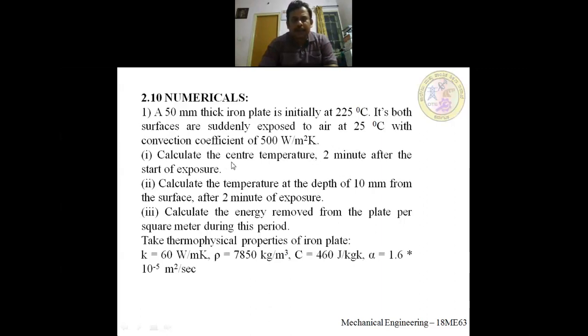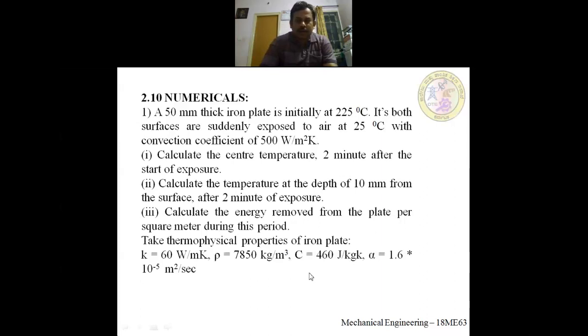You have to calculate the center temperature 2 minutes after the start of exposure, calculate the temperature at a depth of 10 mm from the surface after 2 minutes of exposure, and calculate the energy removed from the plate per square meter during this period.